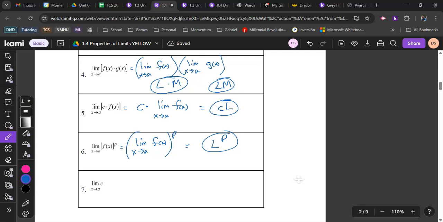And this one, I don't remember if we did this, but what do you think the limit of a constant is? It's the constant. It's literally just the constant, because think about it. If you pictured a graph of a constant, it's not a dot, that would be a point. It would be a horizontal line, like y equals 4.